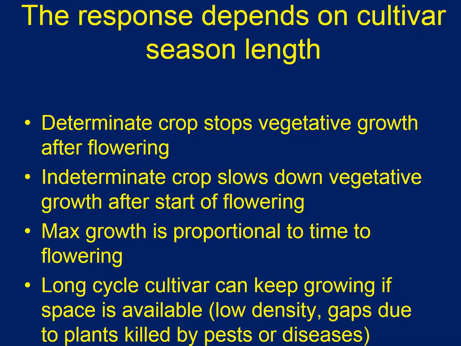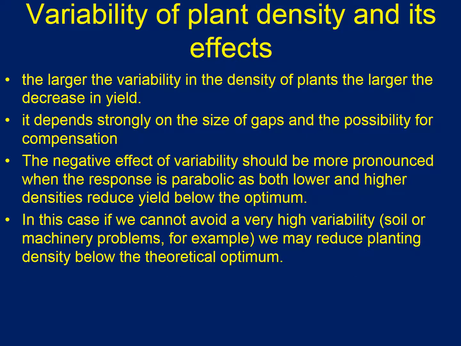In other words, the long cycle cultivars will use available space, will fill the gaps when needed. Therefore, with lower planting density, we can reach maximum yields, and that doesn't happen with short season cultivars.